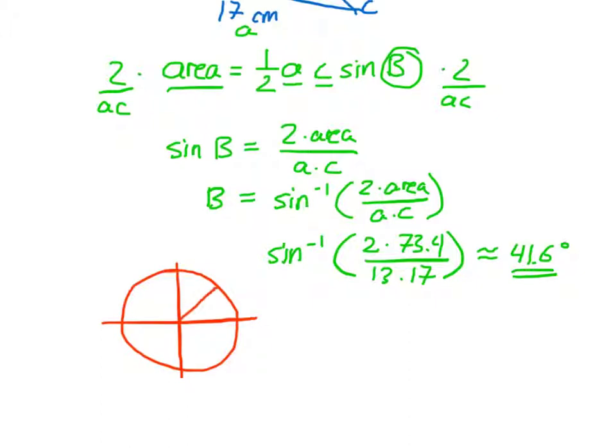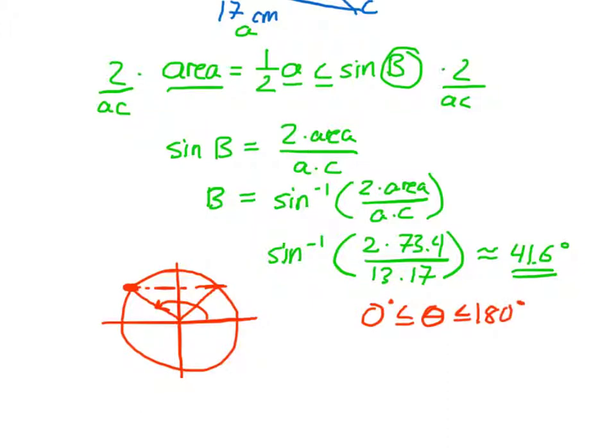The first, which is 41.6, gets me a sine value here. But if I draw a line straight across, I know that there's another angle here that would get me the same value for sine. When we take the inverse of sine, we always have two answers between 0 and 180 degrees.